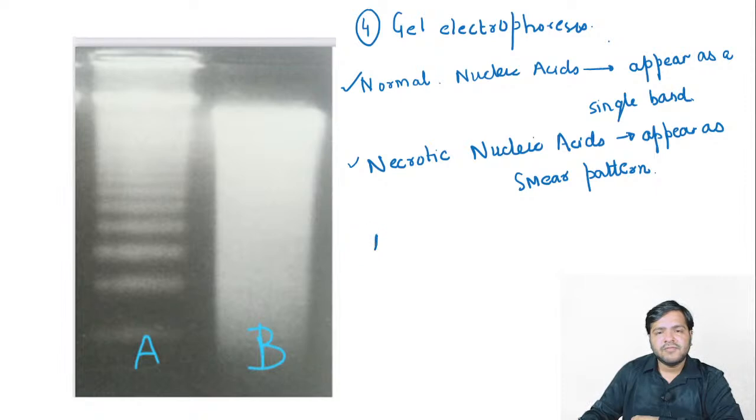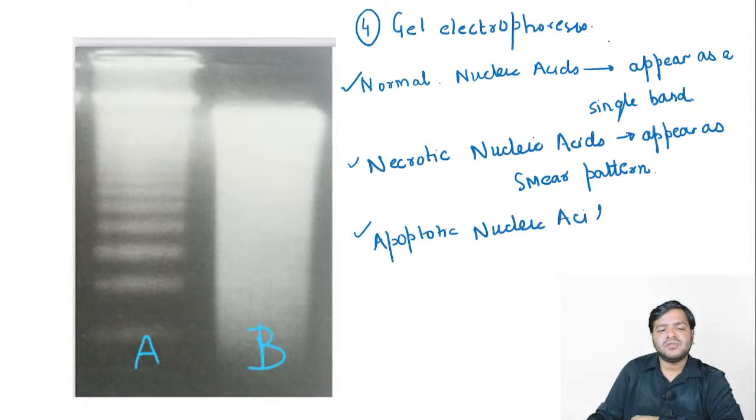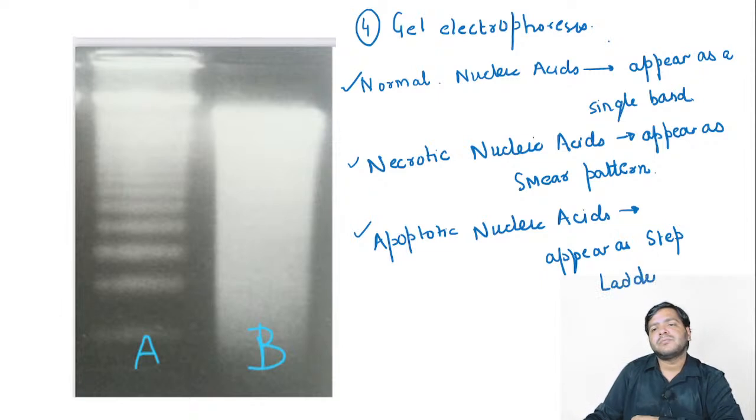And when we talk about apoptotic nucleic acids on gel electrophoresis, basically they will appear as a step ladder pattern. You can see this step ladder.